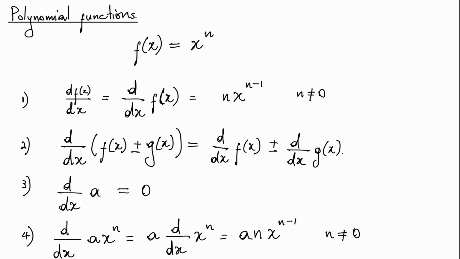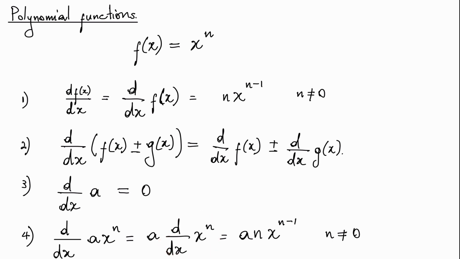And then the final rule which we will need is to consider if you have some number or some constant, which is independent of x, multiplying a term or a polynomial term which does depend on x. How do we take a derivative of that? Well, the derivative of this is the same as if you did not pay any attention to the term a, and you simply moved it outside the derivative, and then you take the derivative of x to the power n.